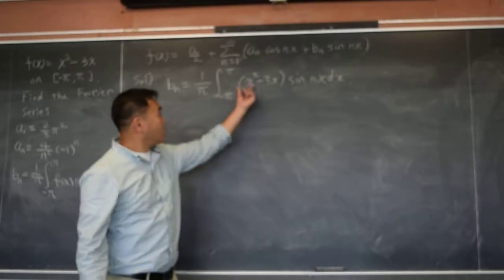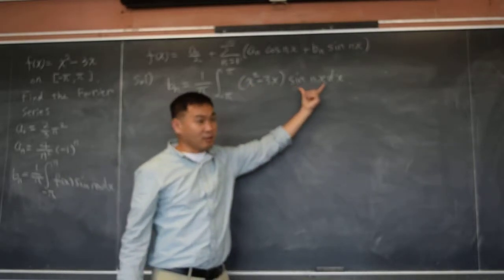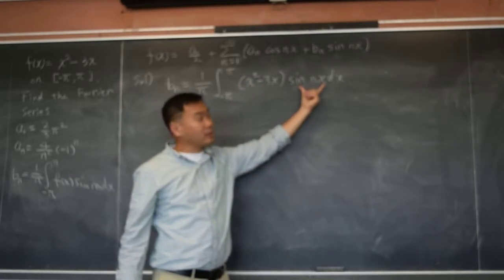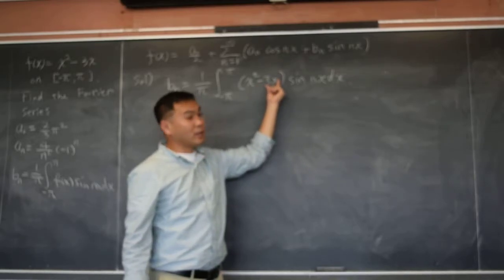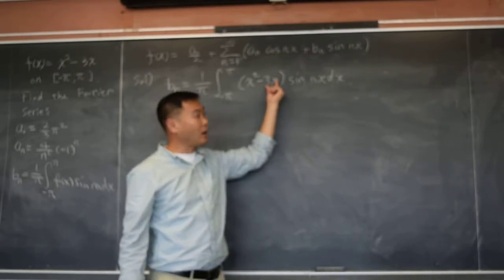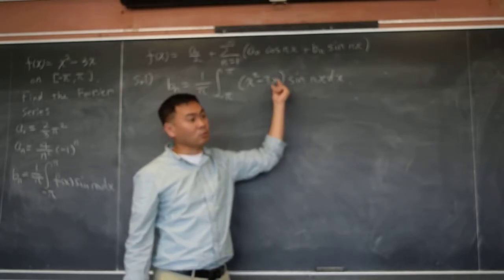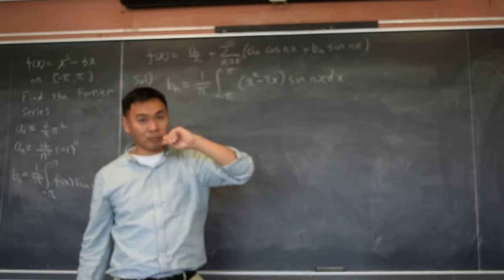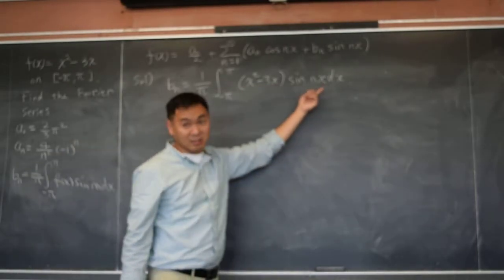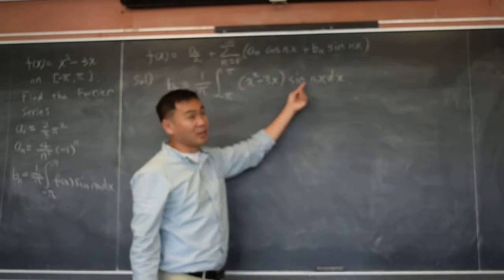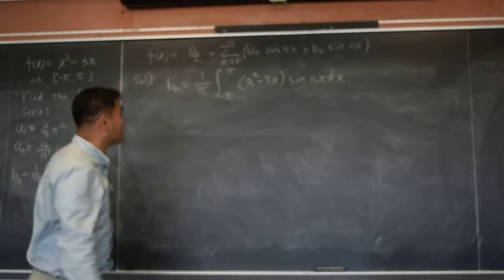Okay, x squared, even or odd? Even. Sine nx, even or odd? Odd. Odd times even gives you? Odd. 3x, even or odd? Odd. Sine nx odd. Odd times odd gives you? Even. So which one survives this time? Negative 3x. Negative 3x times sine nx is the survivor. The x squared times sine nx will be cancelled because you're integrating an odd function over a symmetric domain.